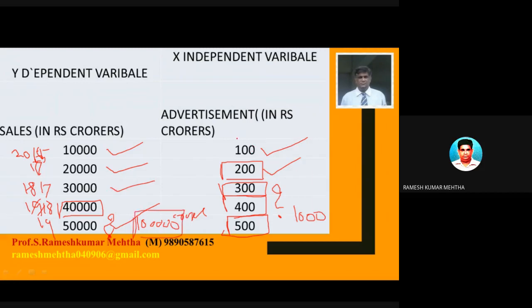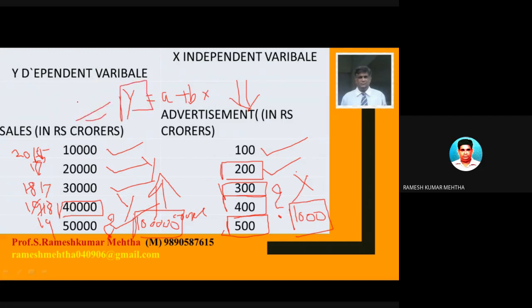In the first case, I want to find out the value of y with the help of a given x, which is 1,000 crores. In the subsequent question, I want to find out the value of x based upon the assumed value of y. This is possible by using the equation y is equal to a plus bx. And why only x have I written? Because this is one independent variable which is affecting the dependent variable, which is sales.